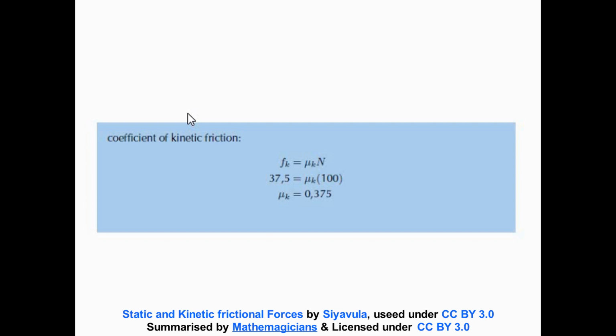In the question, 37.5 is equal to mu k times 100 newtons, and mu k, the coefficient of kinetic friction, is 0.375. Quite simple. Not very intricate at all.